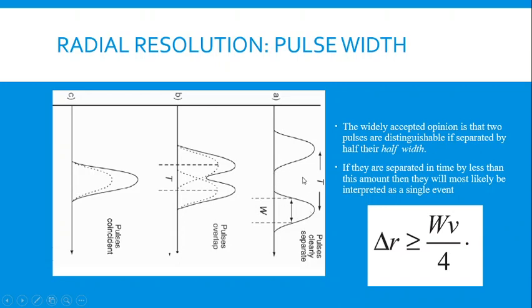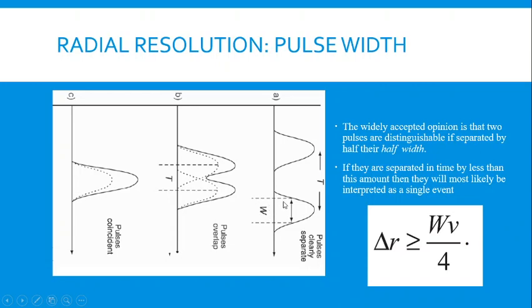So basically, each peak represents an individual sample going into the subsurface simultaneously. T represents the time difference between the peaks of these two samples, and W represents the width of the pulse.